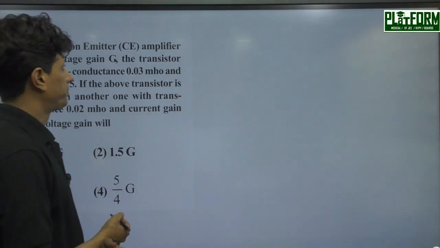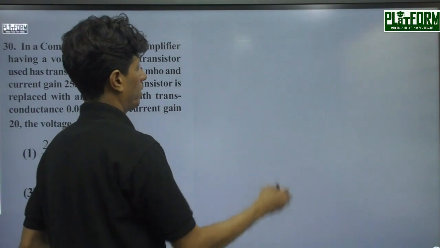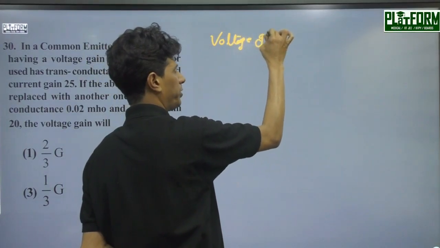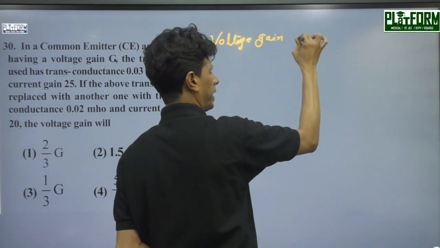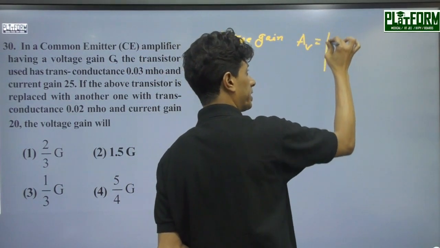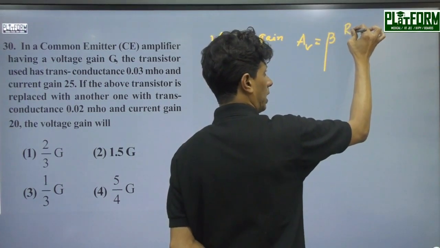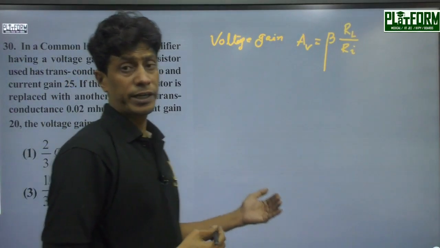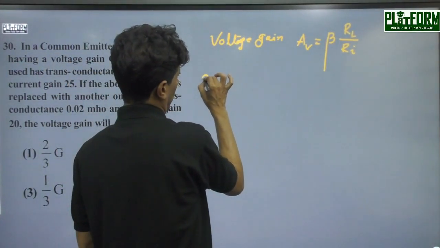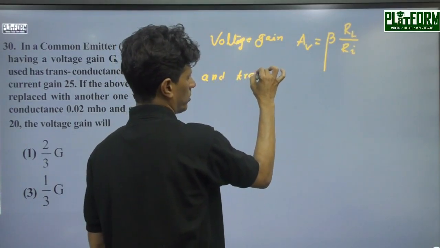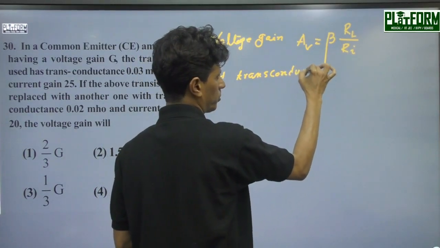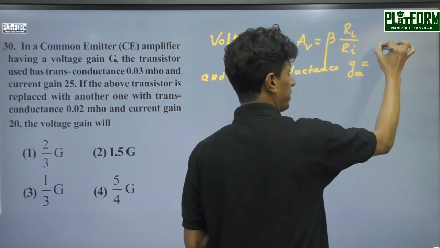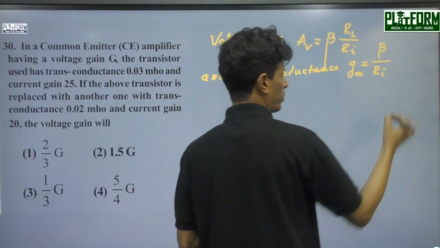Next problem. In a common emitter amplifier having voltage gain, we know AV is equal to beta times load resistance by input resistance, where beta is the current amplification factor, and transconductance GM is beta by input resistance.